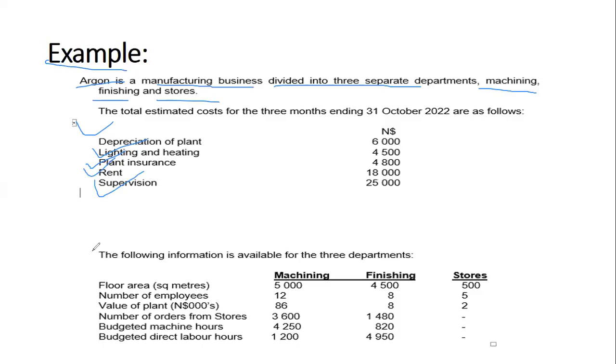And we're told that the following information is available for the 3 departments. What I want us to do is know which one is a production department and which one falls under the service department. Obviously, machining and finishing are production departments, whilst stores is obviously a service department.